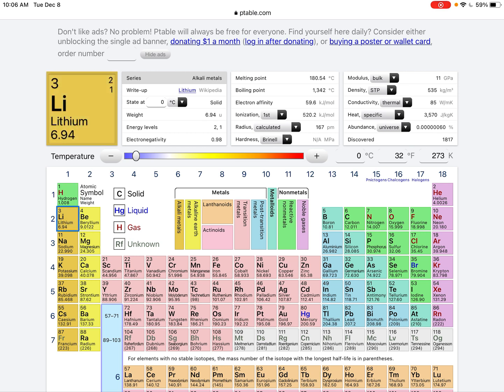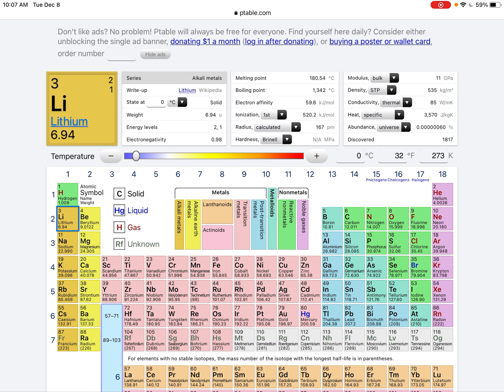If we look at lithium, 6.94, lithium naturally has atoms with a mass of 6 or a mass of 7. Because the average is closer to 7, we have more atoms with a mass of 7 than a mass of 6.